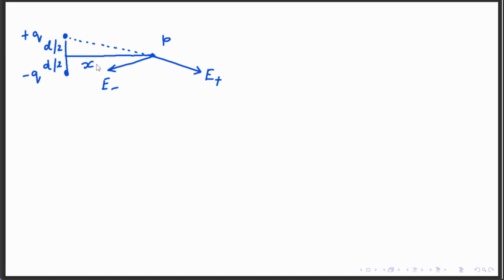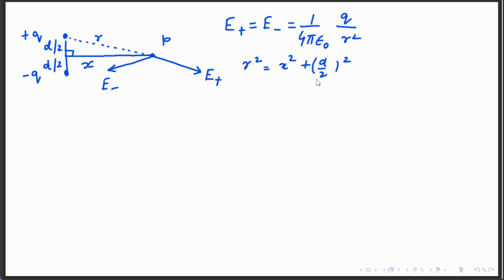Let us calculate E plus and E minus, the magnitude. E plus equal to E minus is equal to 1 by 4 pi epsilon naught Q divided by R square. But you will notice from this right angle triangle that R square equal to x square plus d by 2 whole square.